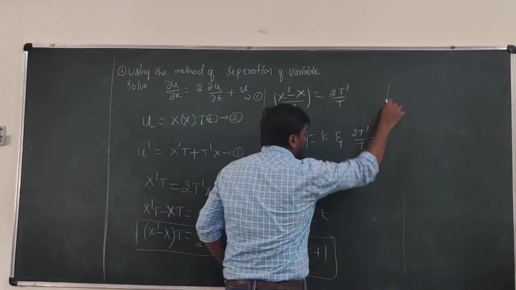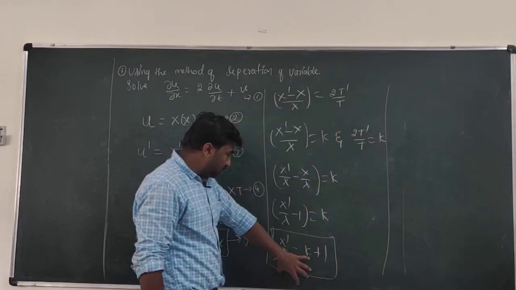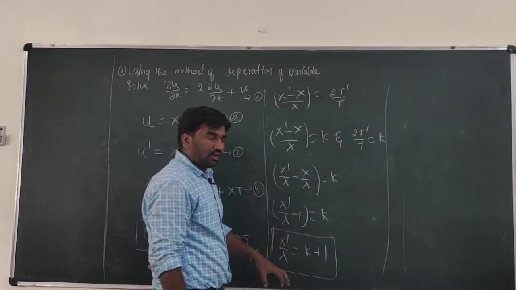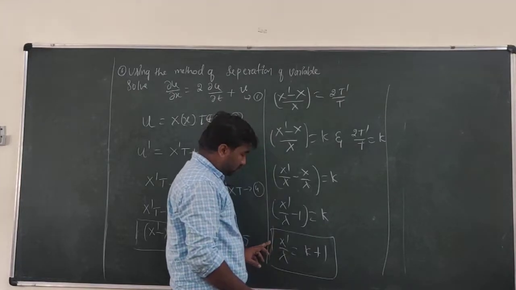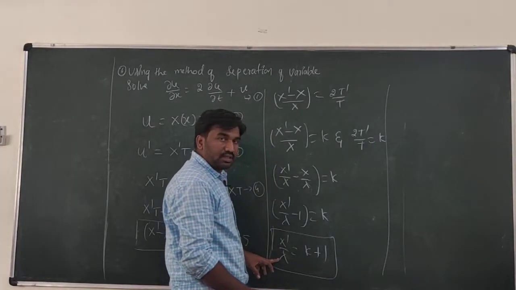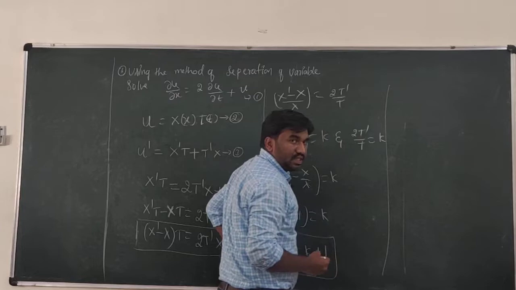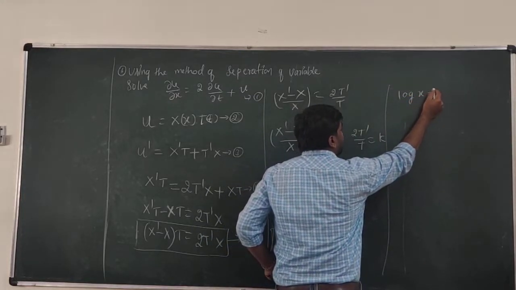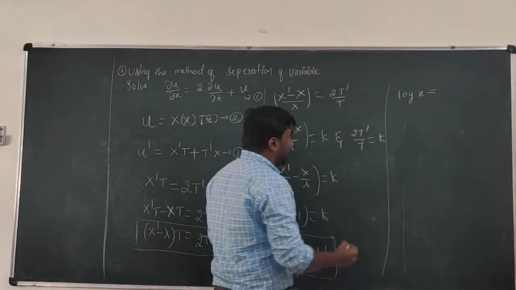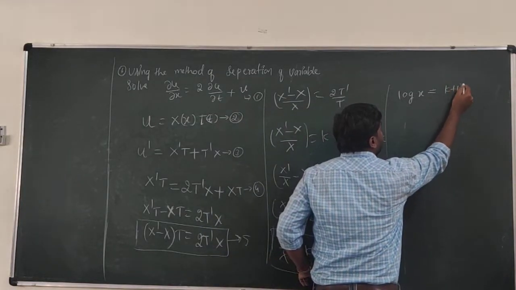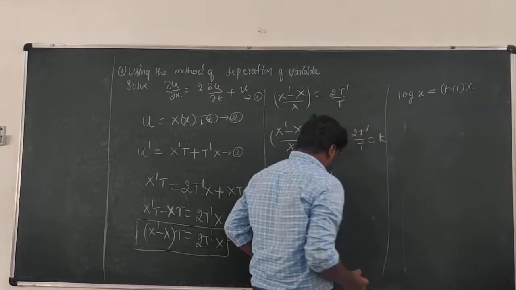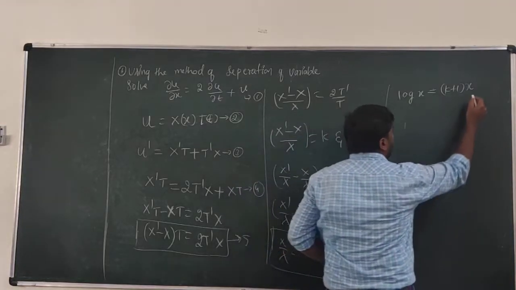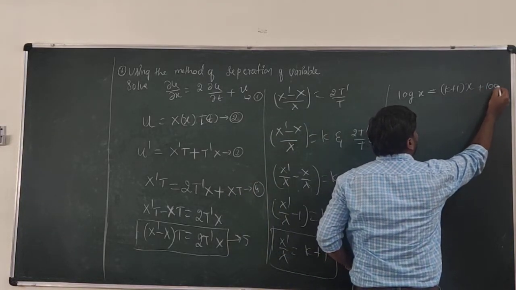Now to get the solution I am going to integrate this one. This is in the form of dX divided by X. Integration of 1/x means log x, so log X is equal to (k plus 1) times x, since k plus 1 is a constant, plus some integration constant log c1.